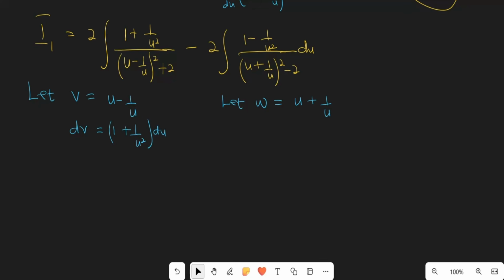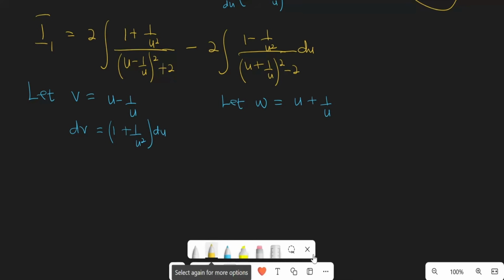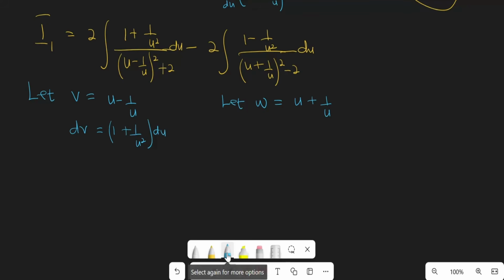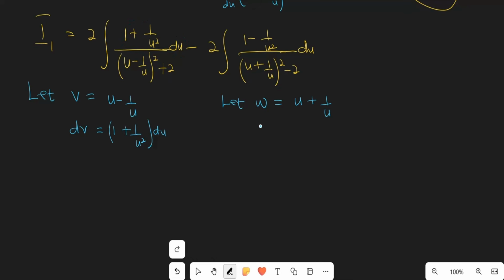So that means in place of this one, I'm going to replace that with dv. And when I come here, dw is going to be (1 minus 1 over u squared), that is the differential, and then du. So in place of this one, I'm going to replace that with dw.